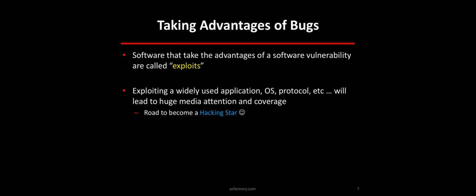Think of it like this: how many users use Google Chrome? Millions of users. So if you find a security weakness there and manage to exploit that, it will lead to a lot of media coverage and attention, and even the pay, if you submit that, and you should submit that to get paid for it, will definitely be high.